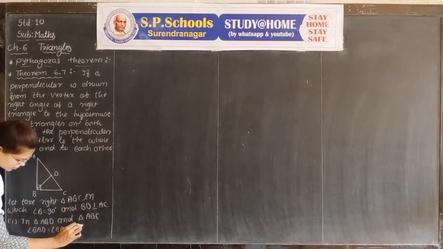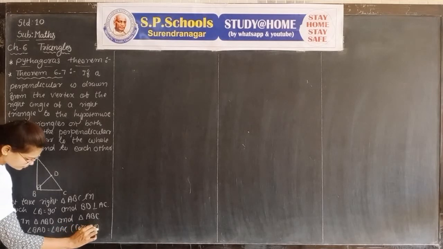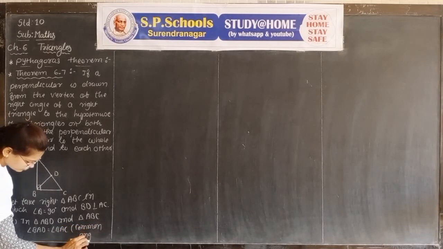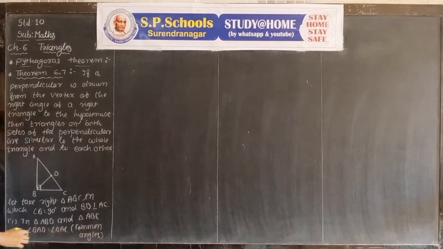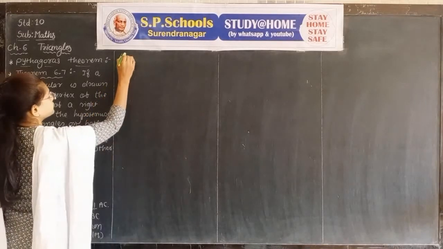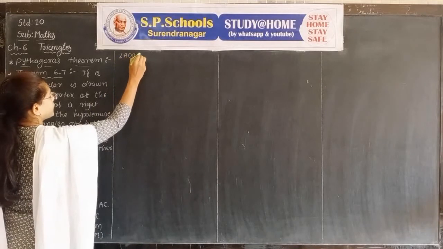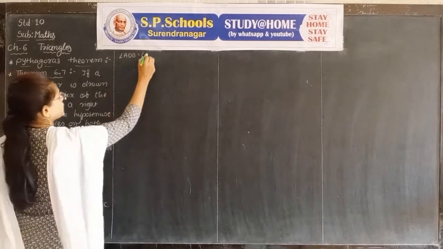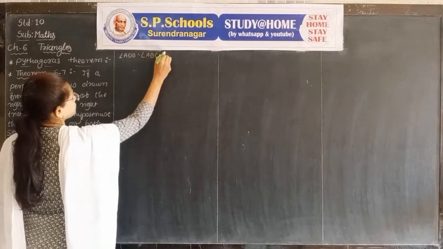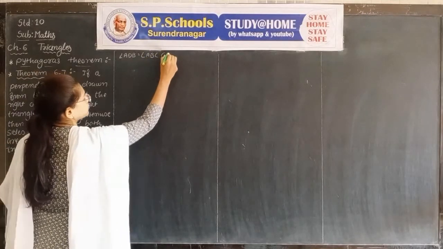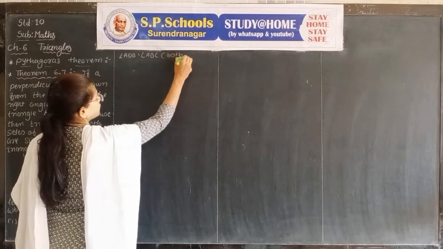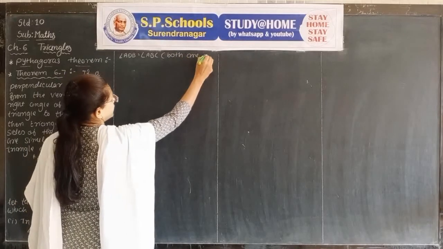The reason is the common angle. The next angle is the right angle in both, because BD is perpendicular on AC. That's why angle ADB is equal to angle ABC, because both are 90 degrees.